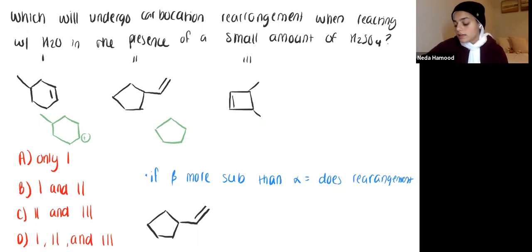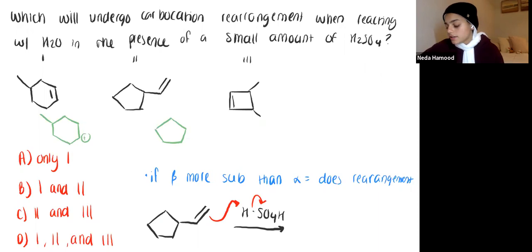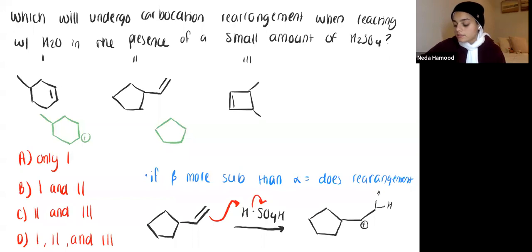So we had H2SO4. Then this would happen. So I would go to the oxygen, but you know what I mean. And then over here we would have our 2 hydrogens, and then we would get a carbocation that looks like this.